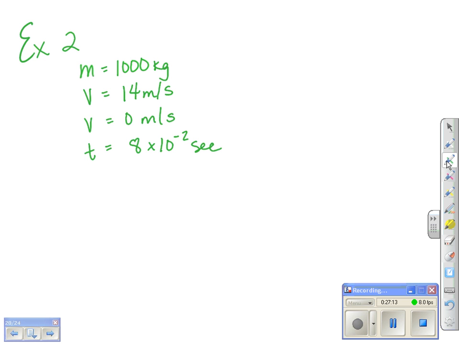We know a little bit about force, or we could say this is our initial, and this is our final. Okay, so we know force equals mass times acceleration. We could also say that Ft equals the mass times our final velocity minus our initial velocity. So we could say those things.